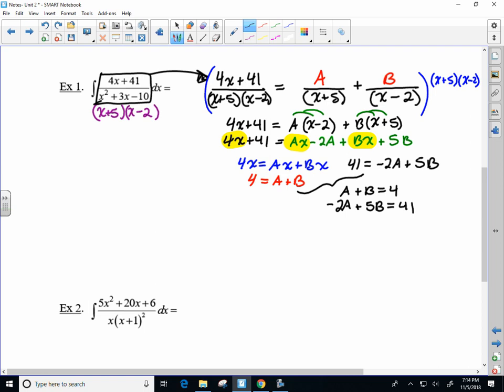Without getting into the nuts and bolts of why this works, because that's like a week in linear algebra, we're just going to take the coefficients and make a matrix out of that. And we're going to use row reduction techniques to get it into reduced form.